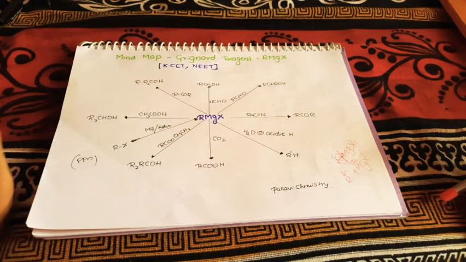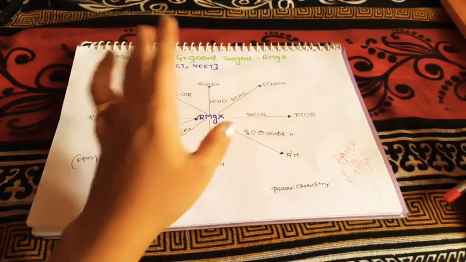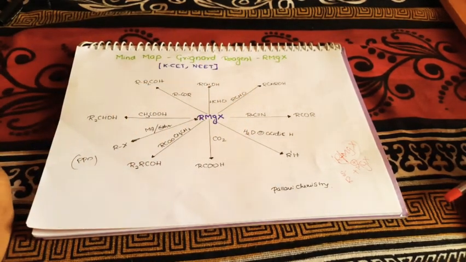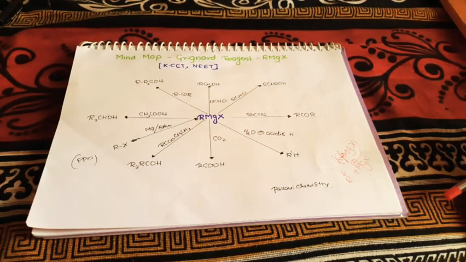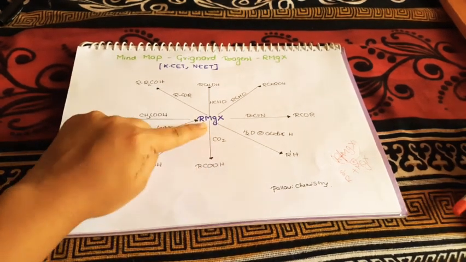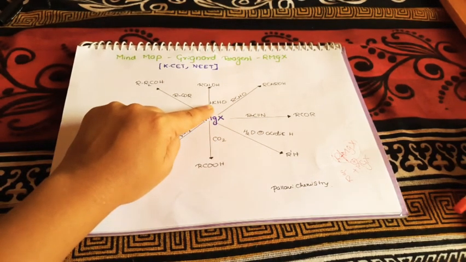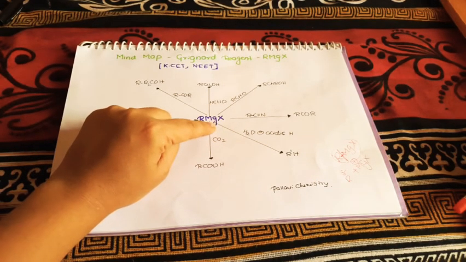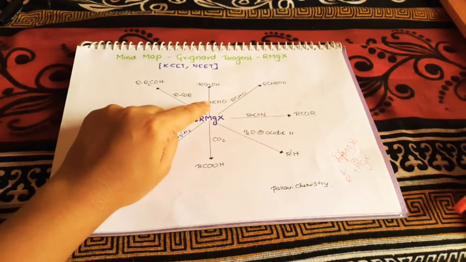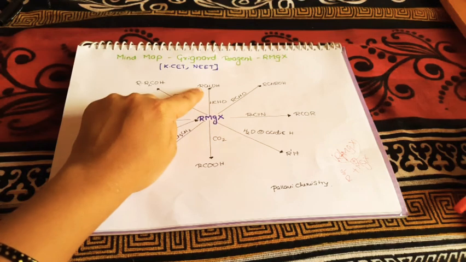I'll go with one reaction in detail, and all other reactions will be like that. Let us go with the Grignard reagent when treated with formaldehyde; we will get the respective primary alcohol.